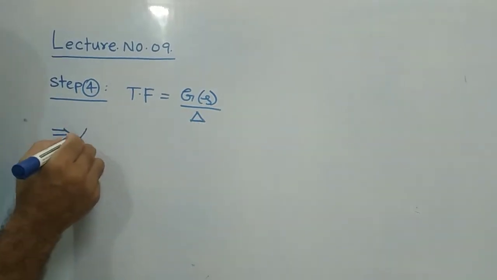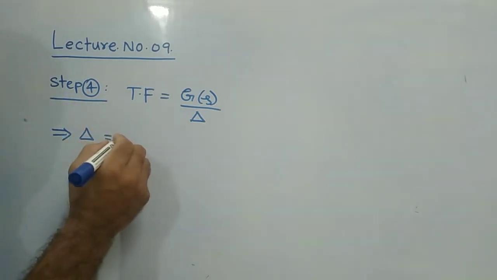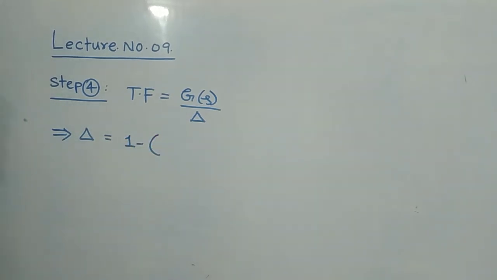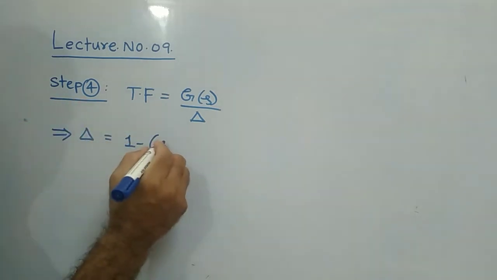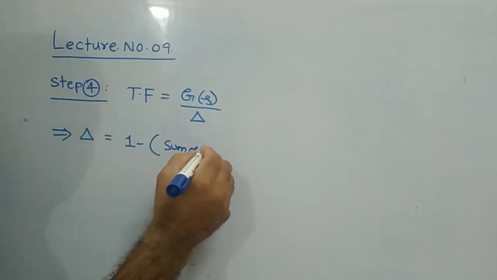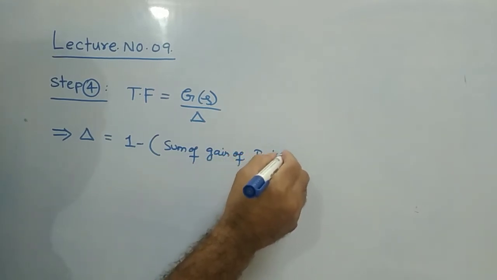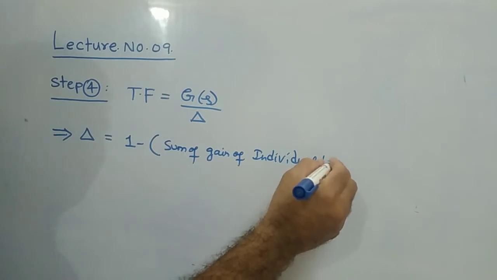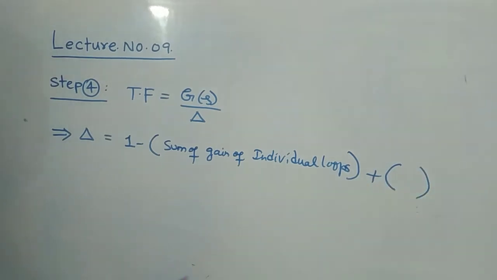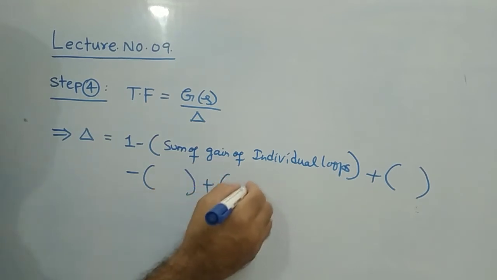Delta is equal to what we saw in our last presentation: 1 minus the sum of gains of individual loops, and plus something will come, no? Minus some parameter, plus something, like that it will go on.